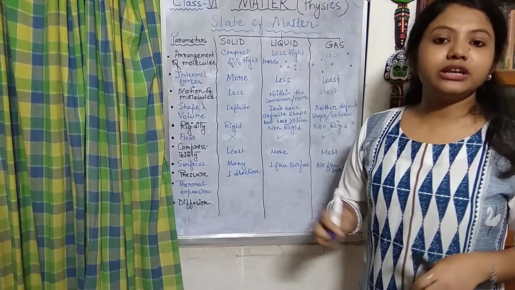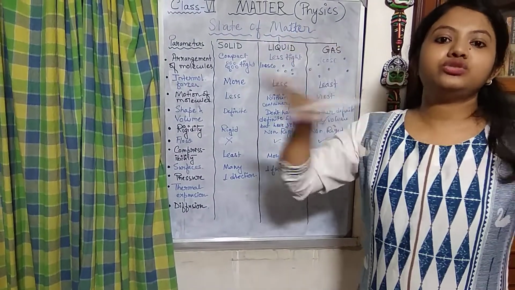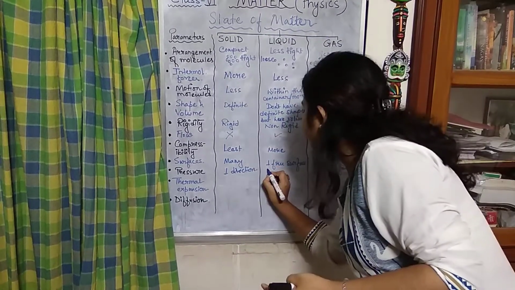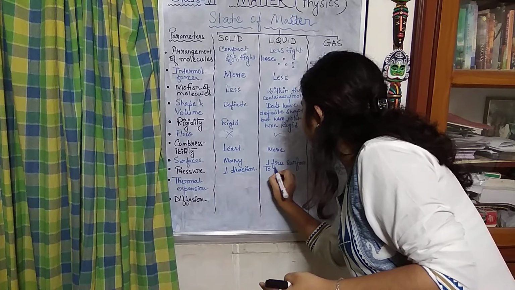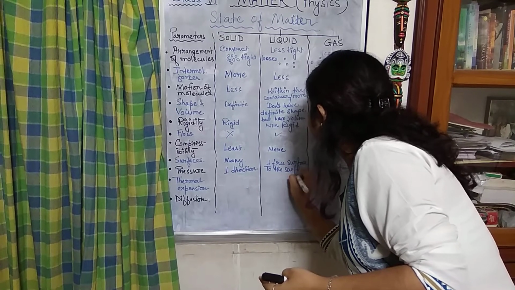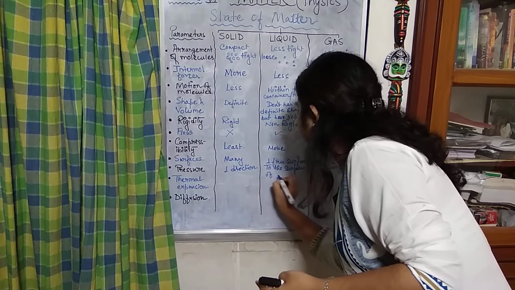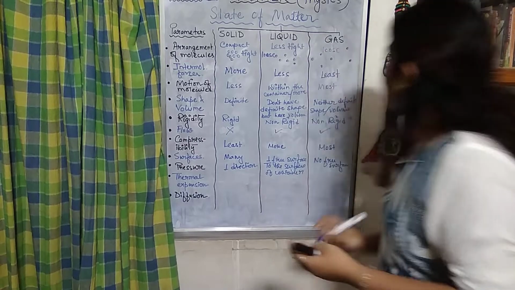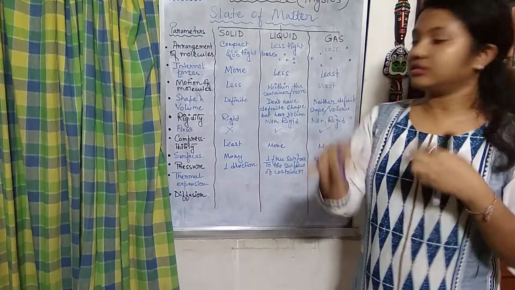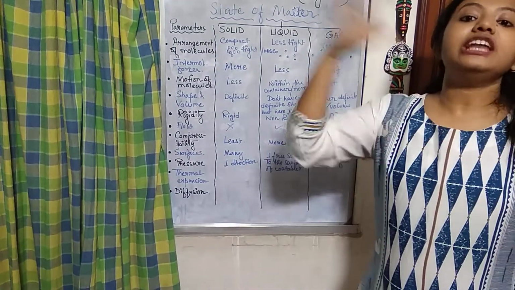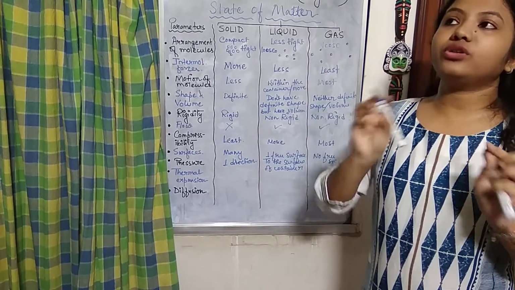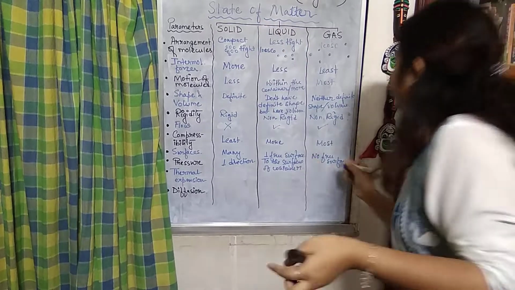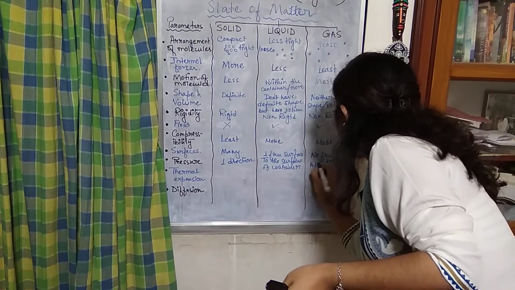In case of liquid, the pressure will be toward the surface of the container when it is contained. And in case of gas, the pressure will be in all directions. They can put pressure in all directions because they are easily expandable.